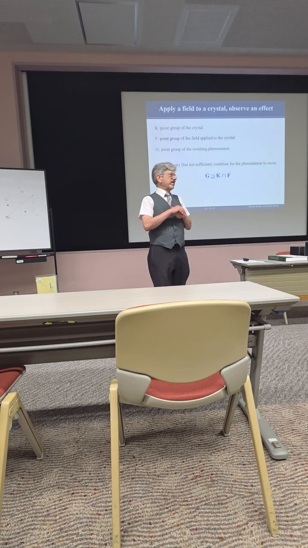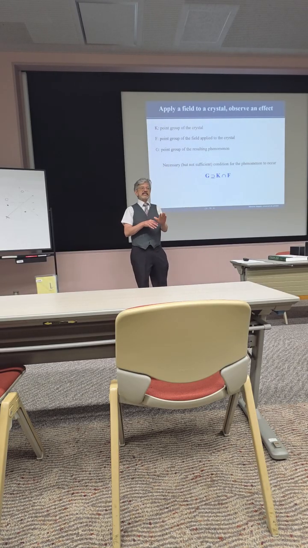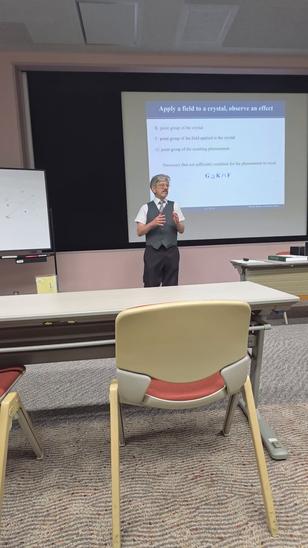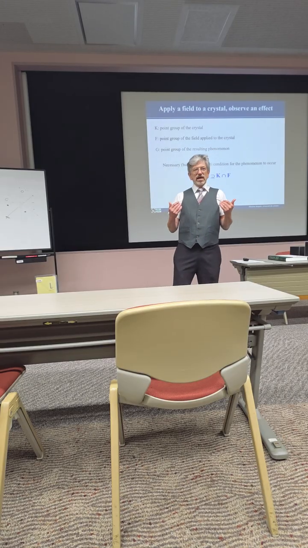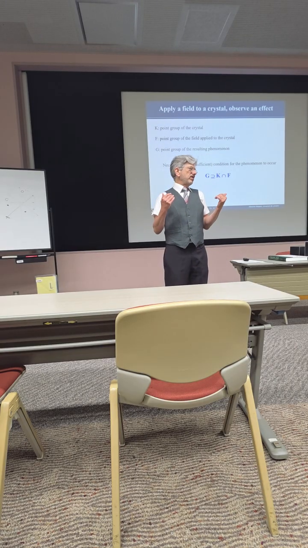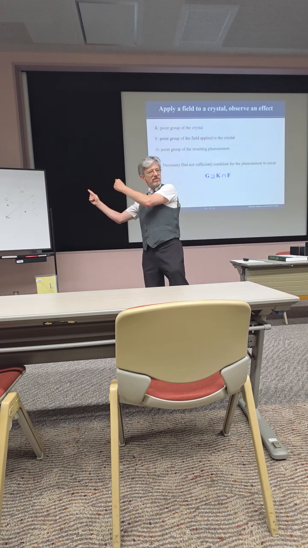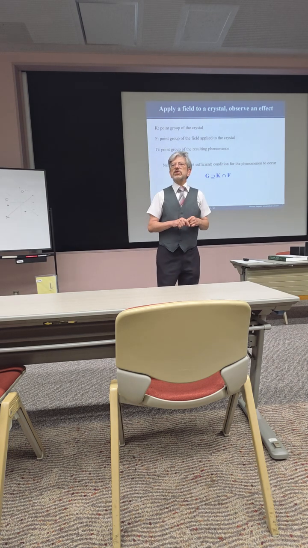Translated to Curie laws, this means that it's the dissymmetry, the lack of symmetry, that allows the phenomenon to be observed. In other words, the crystal should not have any symmetry operation that is incompatible with the phenomenon that you want to observe.